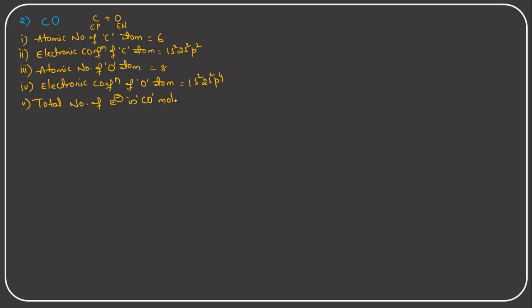This is a molecule, and for the total number of electrons, here 6 electrons are there, here 8 electrons are there, so 14 electrons. 6 plus 8 will be 14. And what will be the sixth point? The construction of the molecular orbital energy level diagram of carbon monoxide.